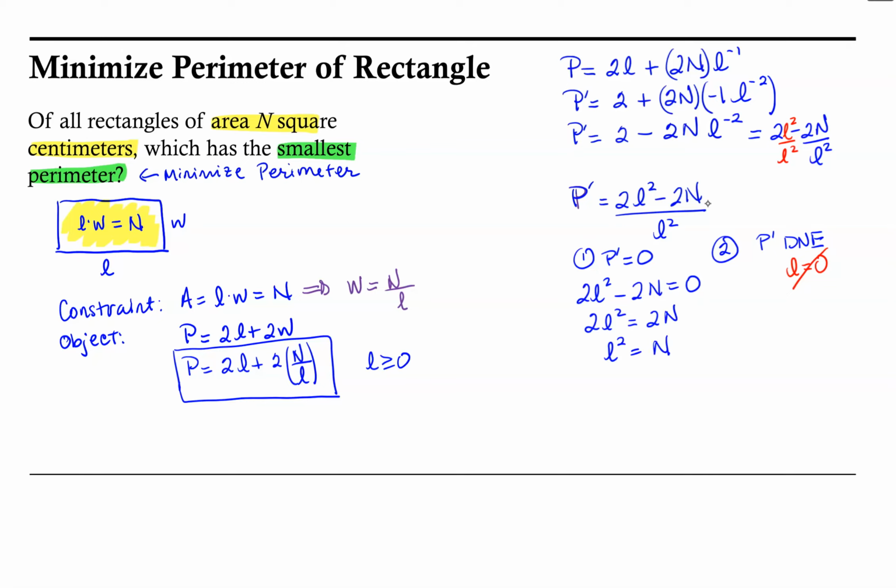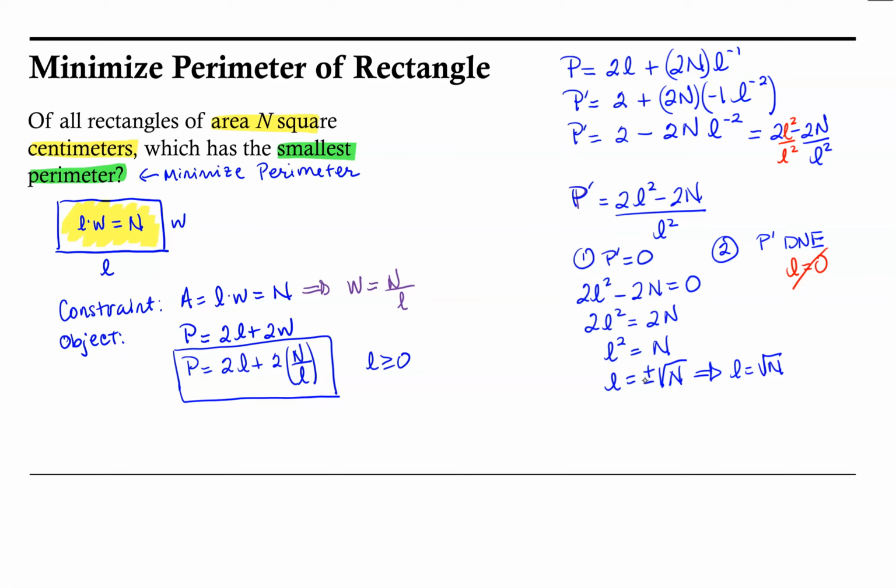Then taking the square root of both sides, L equals plus or minus the square root of n. Again, considering we're talking about the sides of a rectangle, this negative root does not make sense. So we will focus on L equals the positive square root of n. So we have our critical point.